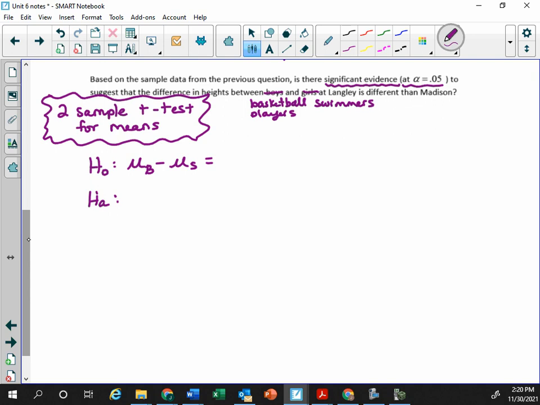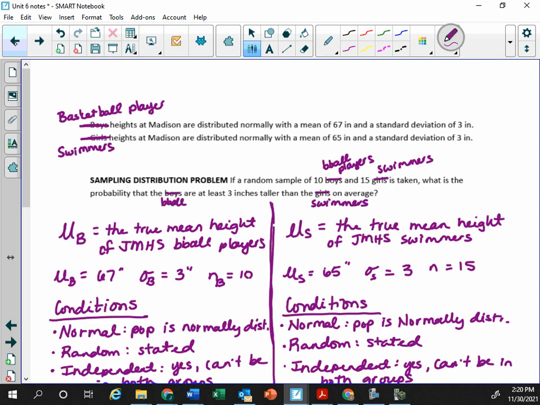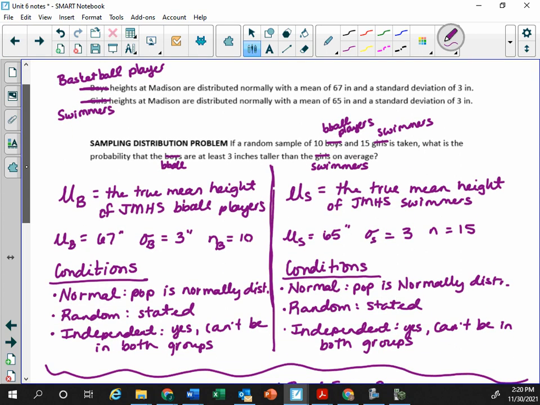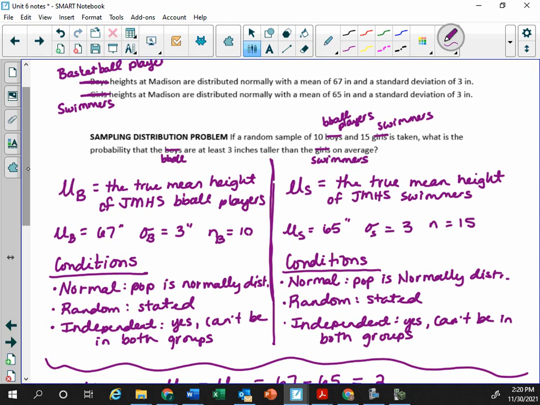Do we know the difference in heights at Madison? That one we knew, right? When we did our sampling distribution, wasn't this dealing with the actual population here? Like we knew mu sub b and mu sub s, right?